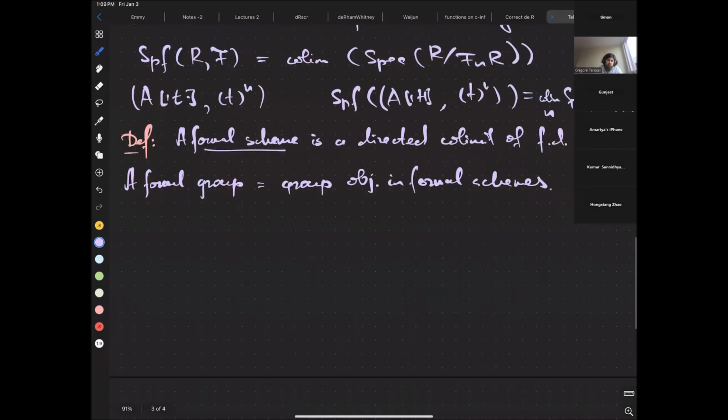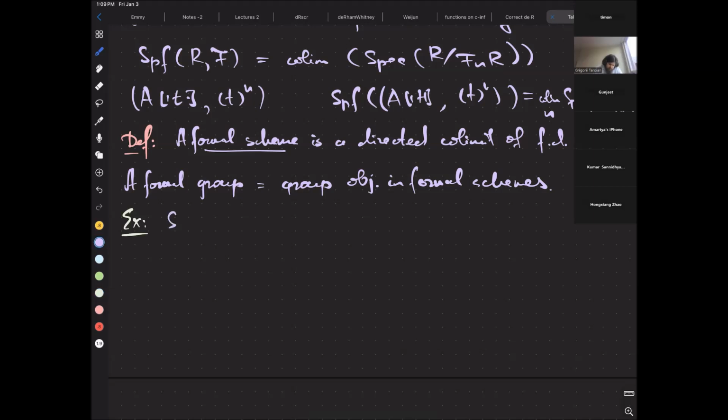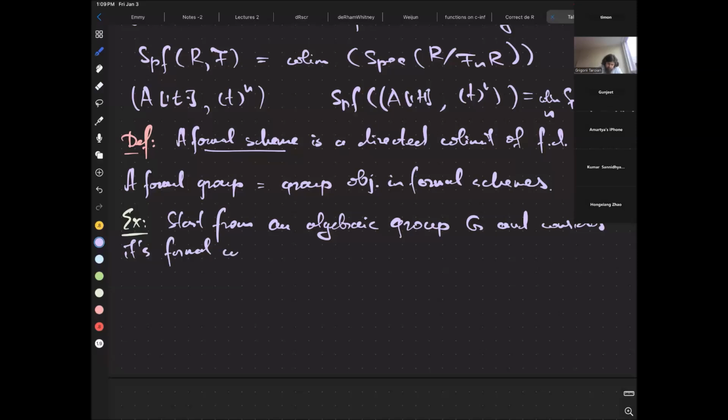And furthermore, if we want to get some very basic examples of formal groups, the most natural thing you can do is to start from an algebraic group G and consider its formal completion at the identity.